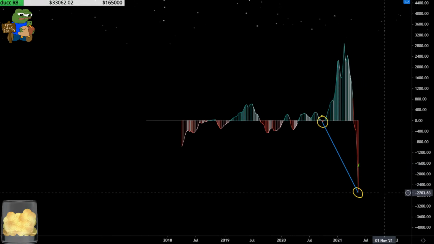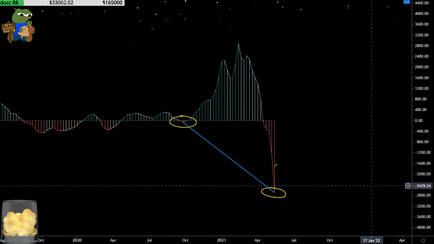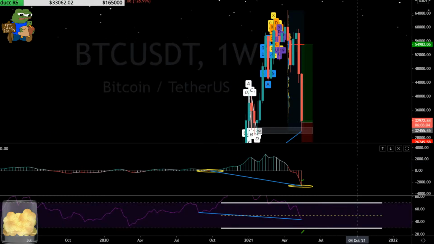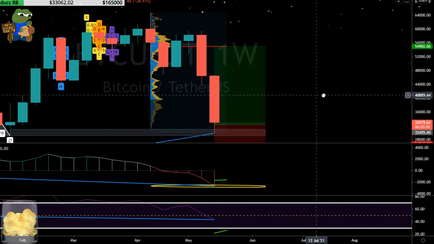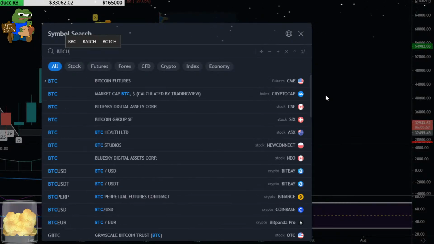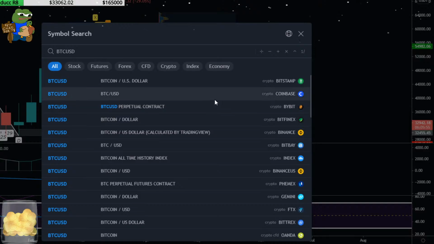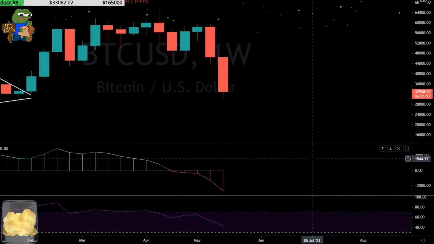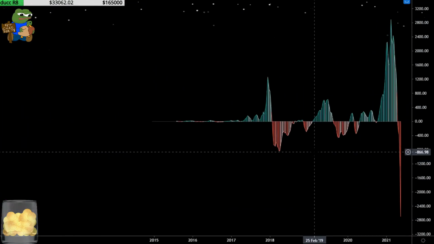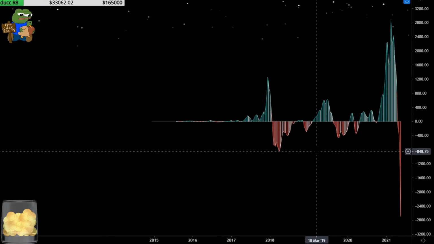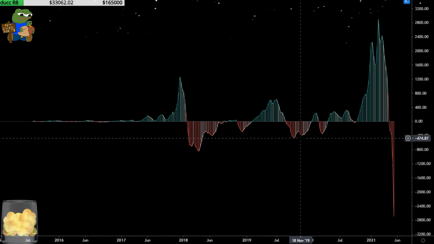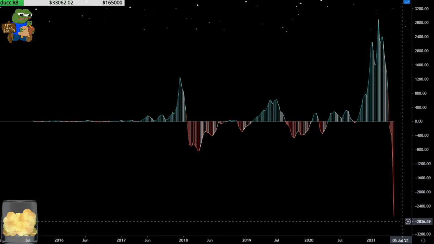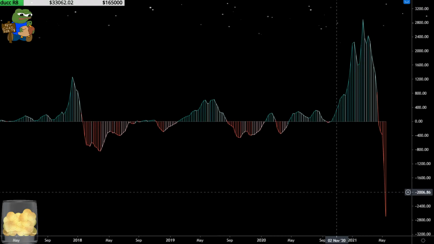Okay, so at least on this chart, not on overall, of course, right? We could see that though. Let's check it on Coinbase. That's pretty bad. Okay, pretty bad. That's a lot of negative momentum though as well, right?